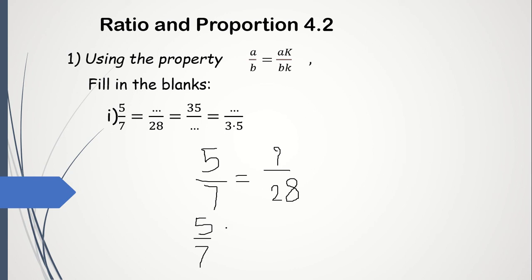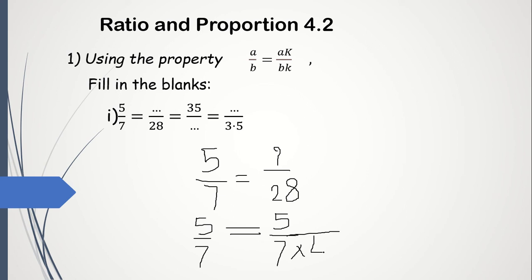But they have said that using this property you have to find it. So A upon B, here also we should have 5 upon 7. Now 28 is given. So 7 multiplied by what gives me 28, that I have to find.